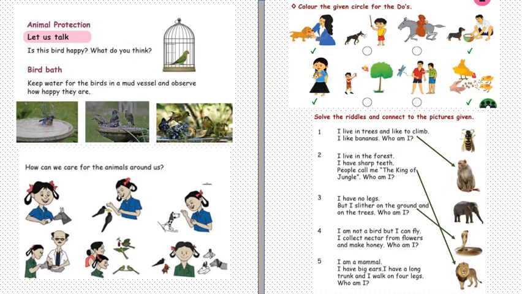I have no legs, but I slither on the ground and on the trees. Who am I? Snake. I'm not a bird, but I can fly. I collect nectar from flowers and make honey. Who am I? Honeybee. I'm a mammal. I have big ears. I have a long trunk and I walk on 4 legs. Who am I? Elephant.